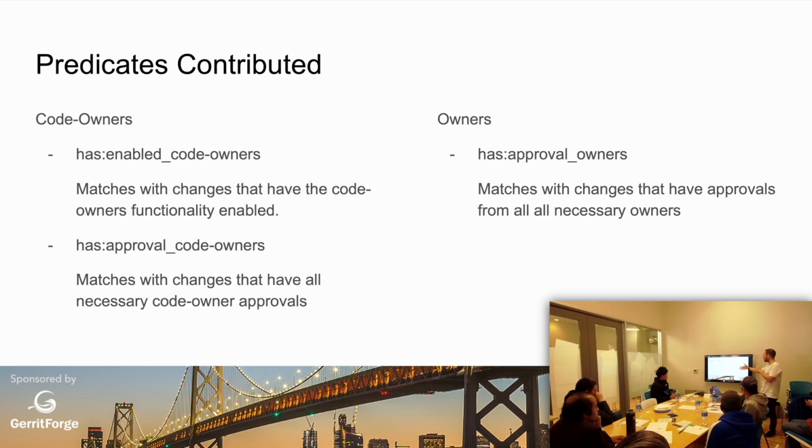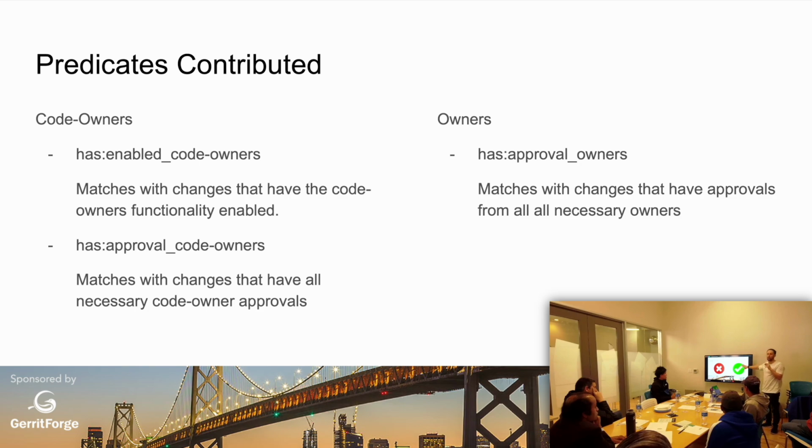The code owners plugin has two: one that tells us if code owners is enabled at all, and one that tells us if the owners have approved that change. You can use this in your submit requirement. The owners plugin really only has something very similar to the has-approval code owners predicate. Conceptually, these are the same thing.